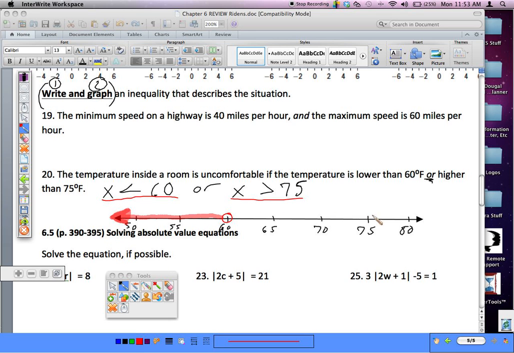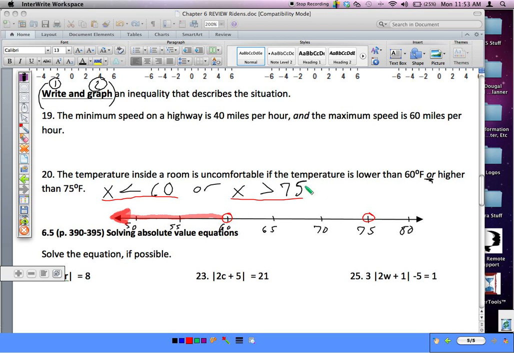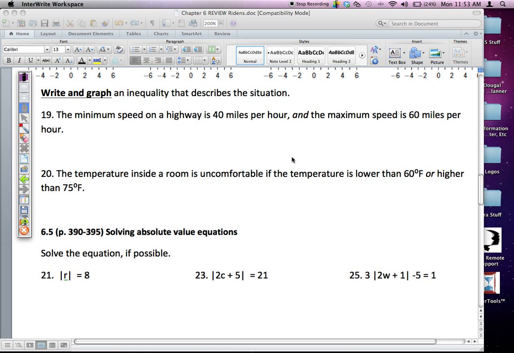Open once again. And shaded which way? Because my variable is greater than, we go to the right. And we have both situations. Because it's an OR situation, how should they have shaded? Away. Are they shaded away? Sure are. Let's move on down.